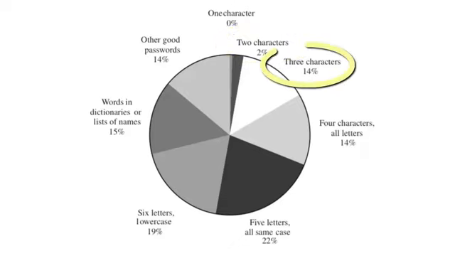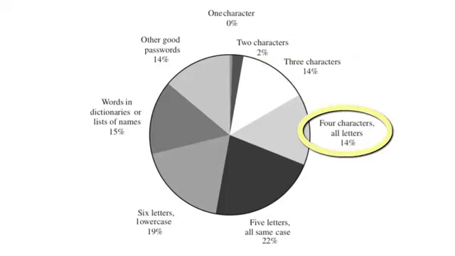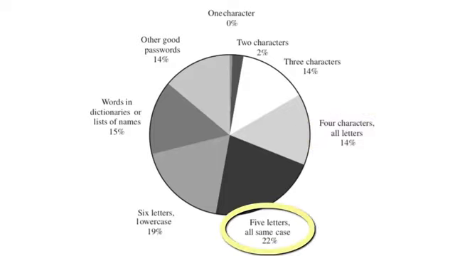What's more, 14% of all passwords use only 3 characters. An additional 14% use 4 characters, with the additional constraint that all 4 are letters. 22% use 5 letters, all of the same case, so all uppercase or all lowercase, for example.